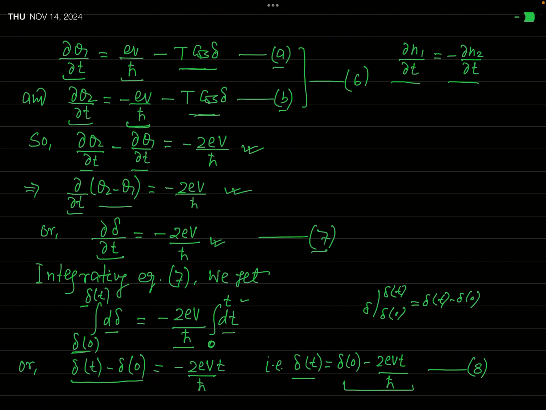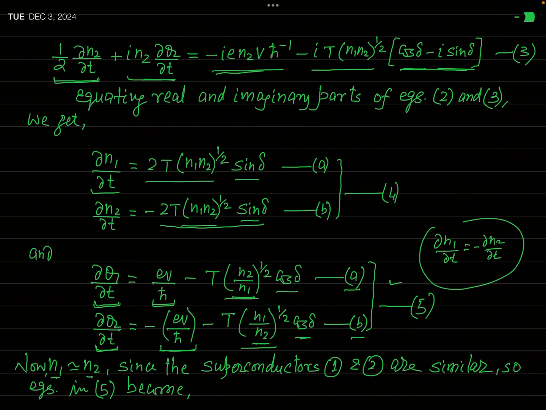The current is proportional to this rate of change of concentration. So the current is proportional to del n1 by del t, and del n1 by del t is equal to this much.